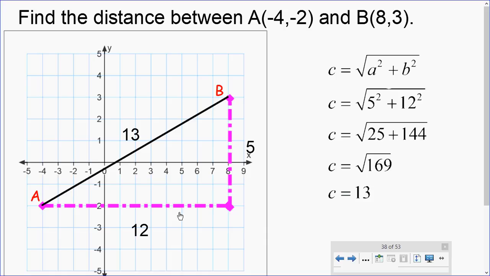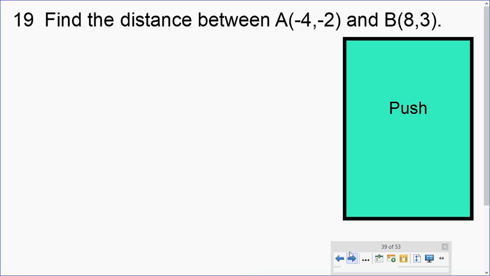I like that way myself because it's just counting and using the Pythagorean theorem that we're used to using. But here's the distance formula. I'm giving you the same points, (-4, 2) and (8, 3). We would subtract -4 minus 8, and that would equal -12.